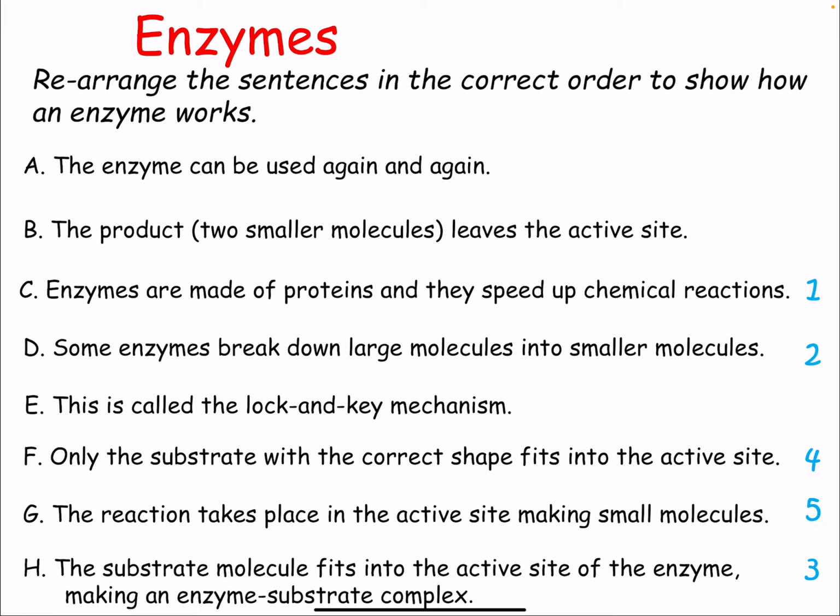The reaction takes place in the active site, making small molecules. The product, two smaller molecules, leaves the active site. This is called a lock and key mechanism, and the enzyme can be used again and again.